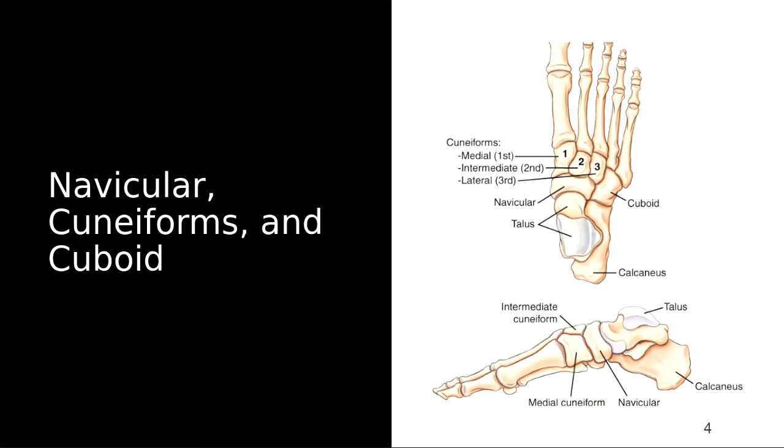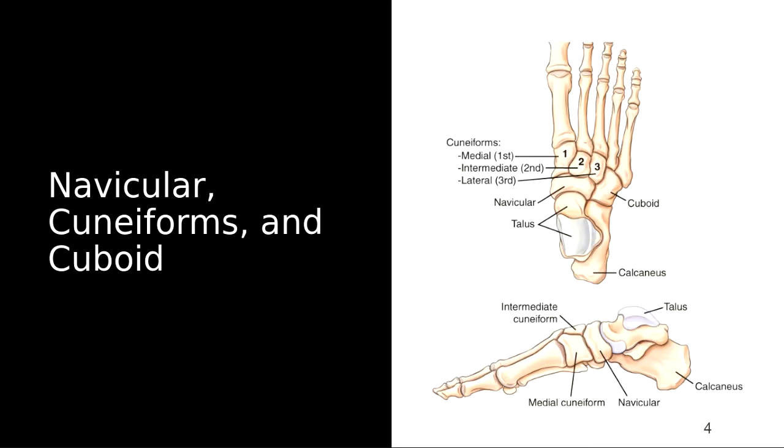The talus is here, and that would connect with the tibia and fibula to form the ankle joint up here. And then you can see the calcaneus sits in the back here. It makes up the heel, which is typically what, as lay people, we refer to this as, but technically it is your calcaneus.